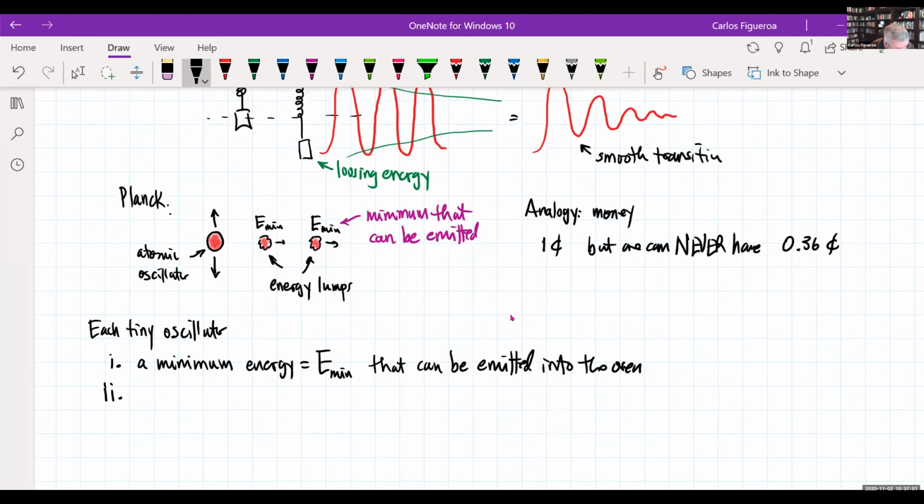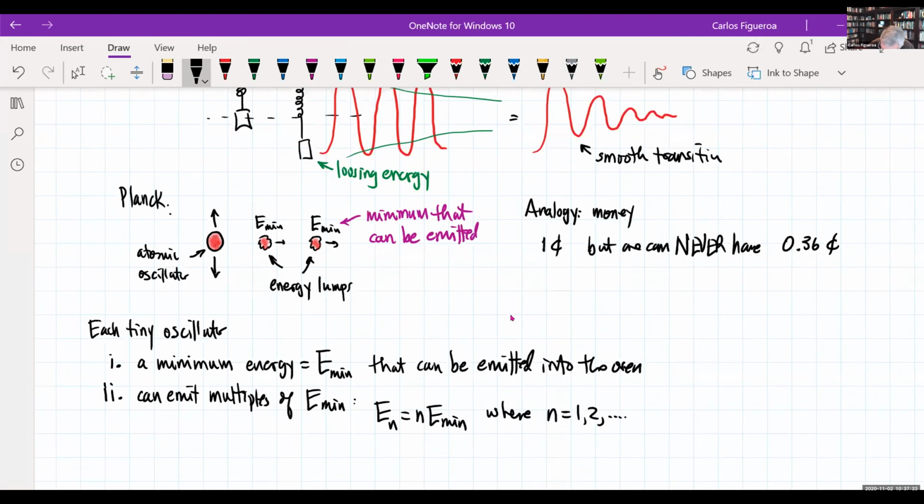The other thing he says is that each tiny oscillator can emit multiples of E-min. That means I could have an energy E_n equal to n times E-min, where n is this quantized number that is only a whole integer.